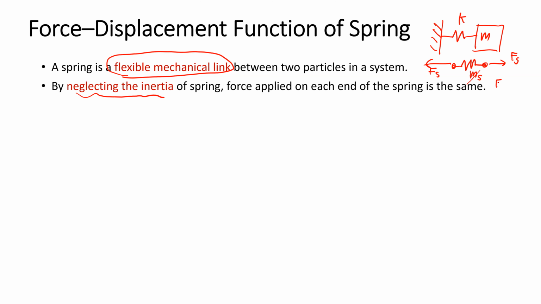We can say F equal to K delta X, when delta X is the deformation, only when we neglect the inertia or the mass of the spring.